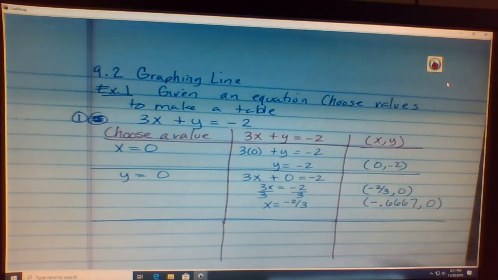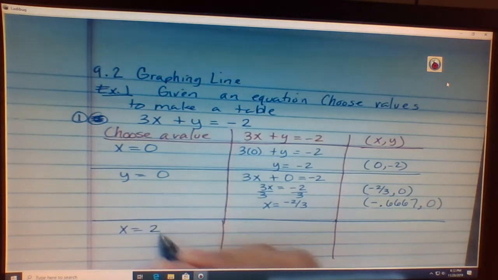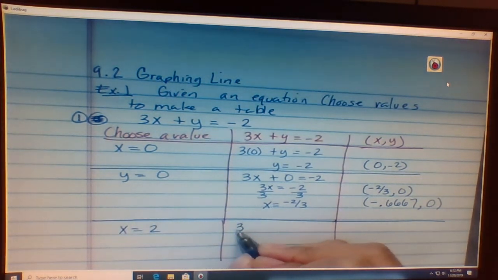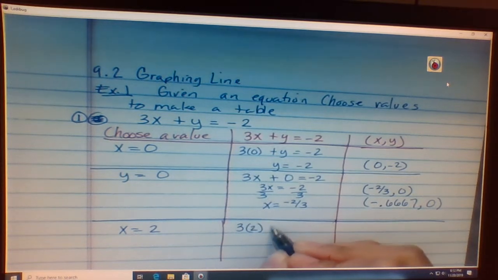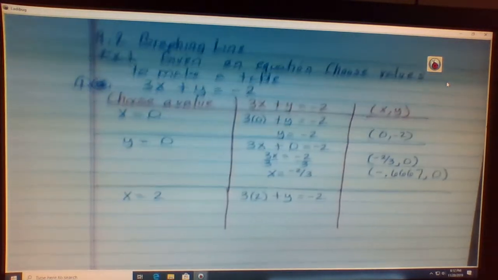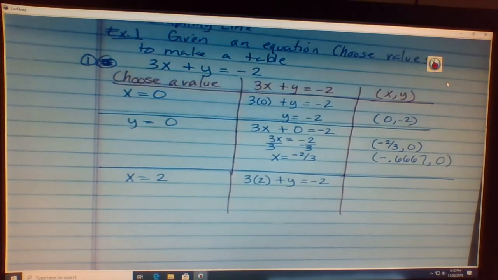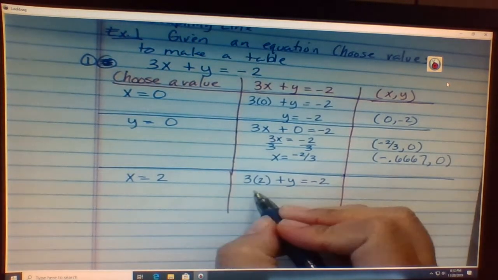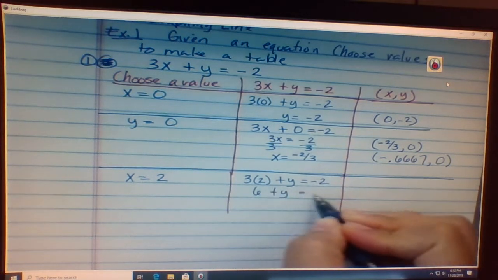2. For who? X or y? For x. x is equal to 2. So 3 times 2 plus y equals -2. So what's 3 times 2? 6 plus y equals -2.